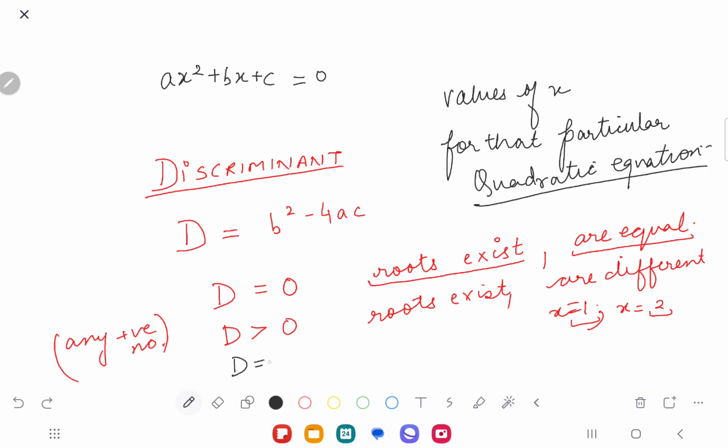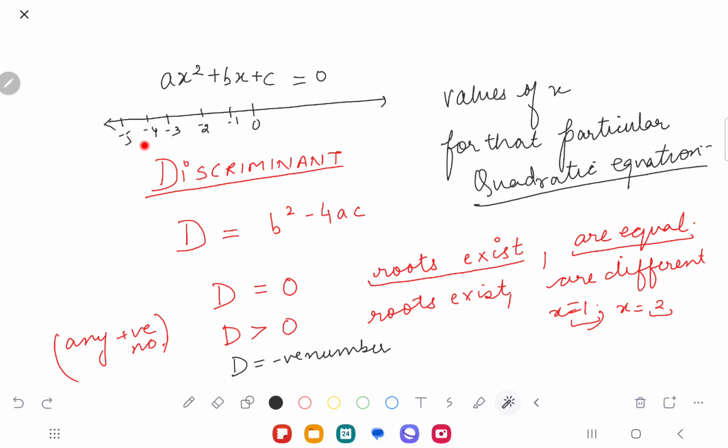And if you get discriminant as some negative number, if you represent those numbers on a number line, all the numbers here would be negative. And all the negative numbers are less than 0.